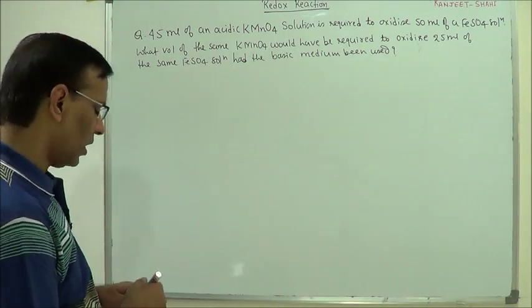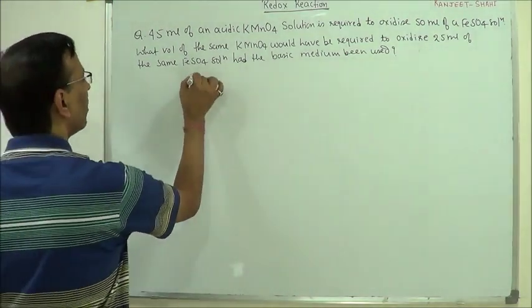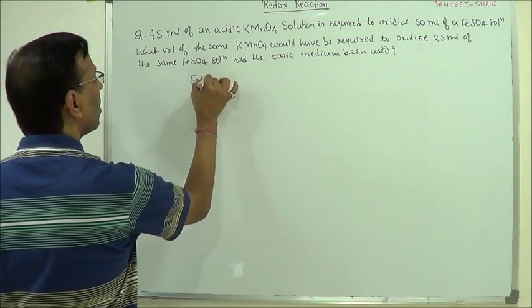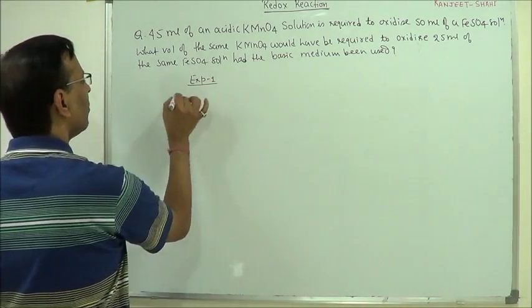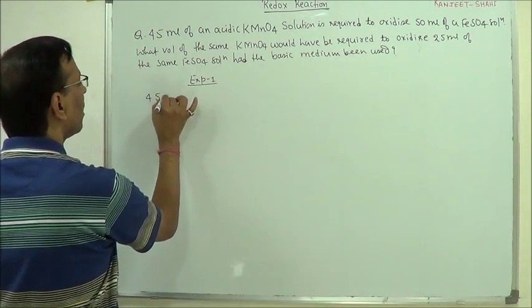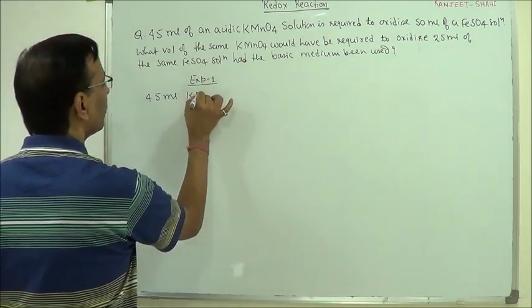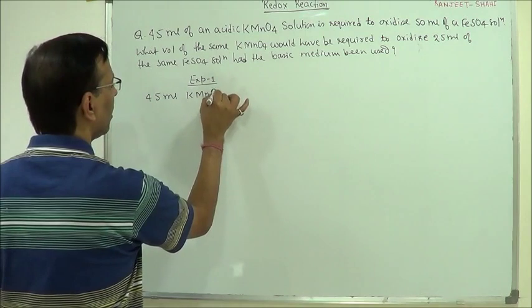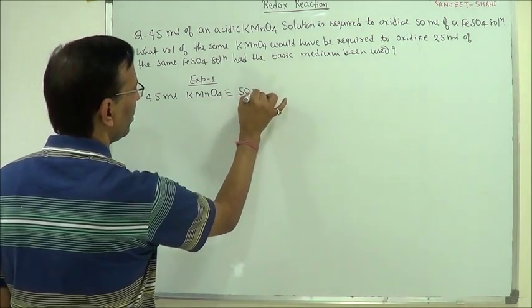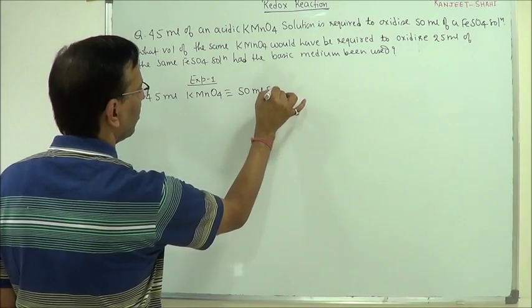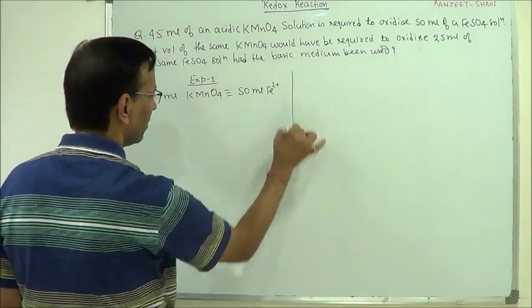So in one experiment, 45 ml KMnO4 is oxidizing 50 ml ferrous iron.